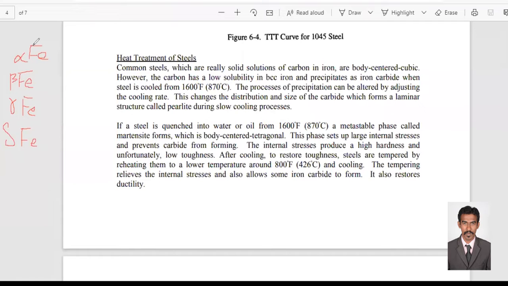So that's what we do in heat treatment. There are different types of heat treatment procedures. However, carbon has low solubility in BCC iron.